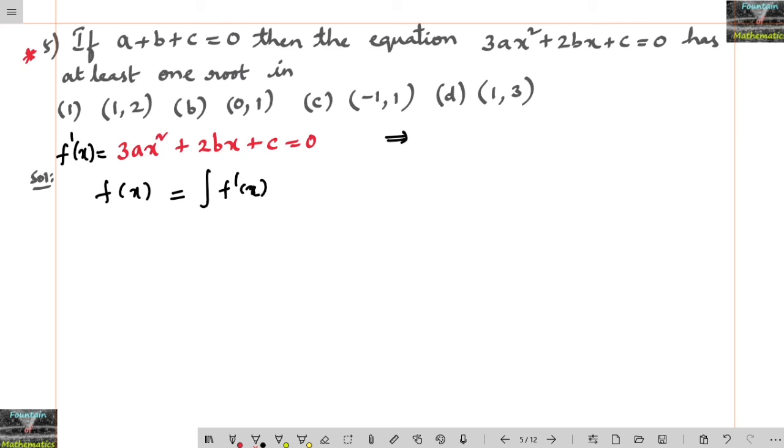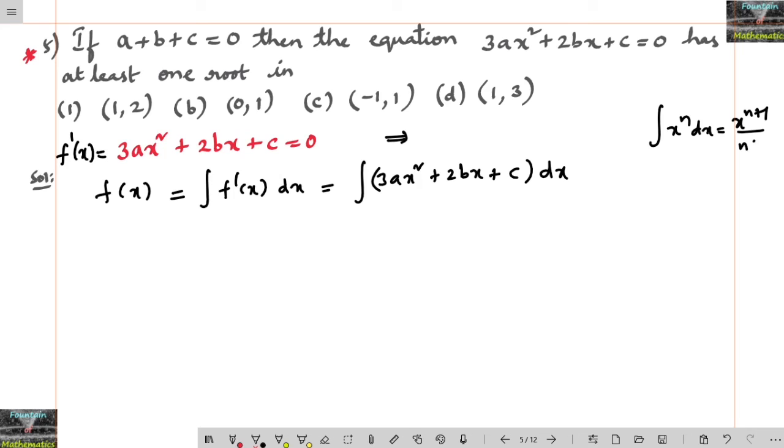This is the concept we had in derivatives. So f of x is equal to the integral of 3ax square plus 2bx plus c dx. Integration of x power n dx is x power n plus 1 by n plus 1, plus some constant.